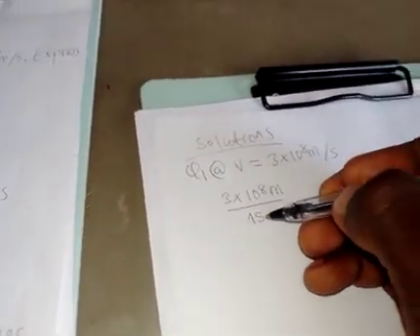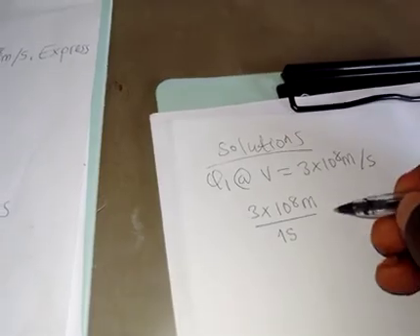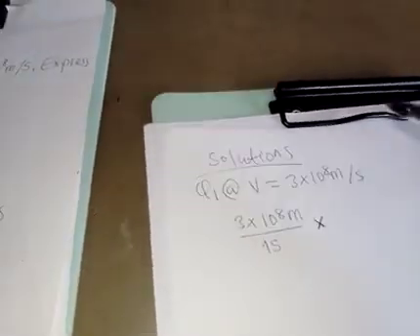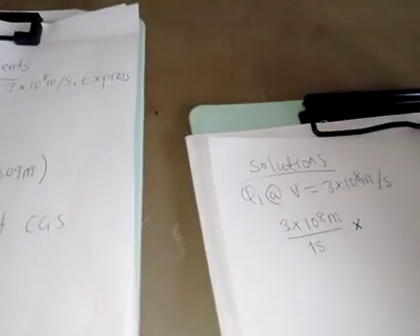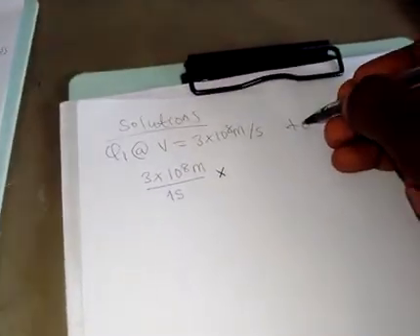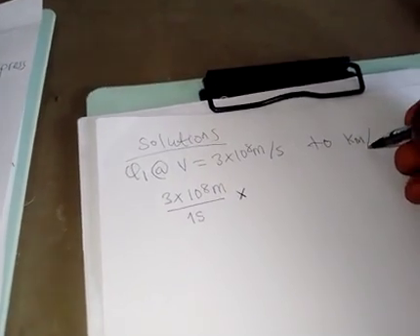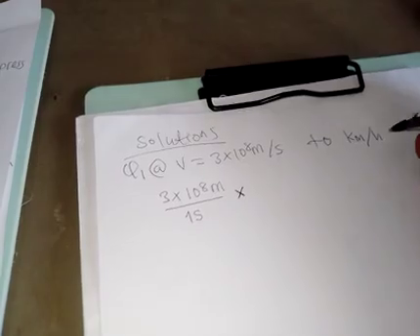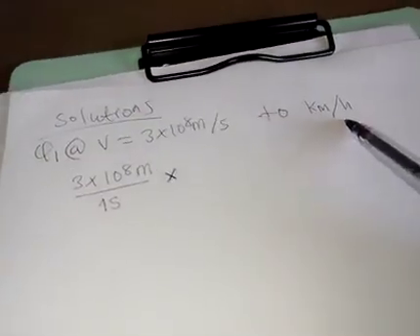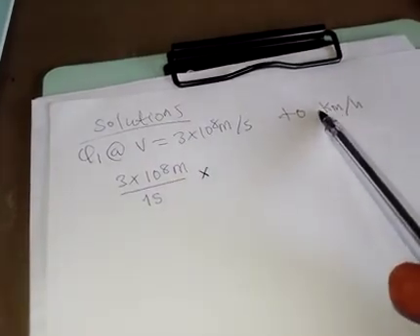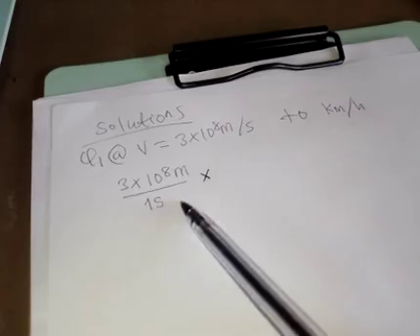Since we have to use the chain link conversion, we'll be multiplying by conversion factors. We are converting into kilometer per hour, so the aim should be converting meters into kilometers, seconds into hours.